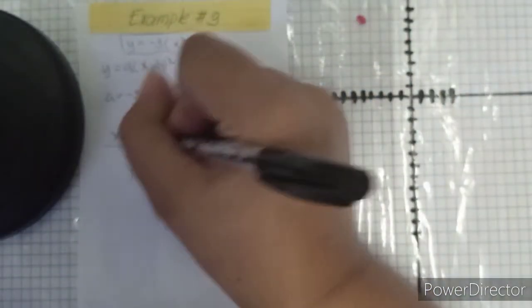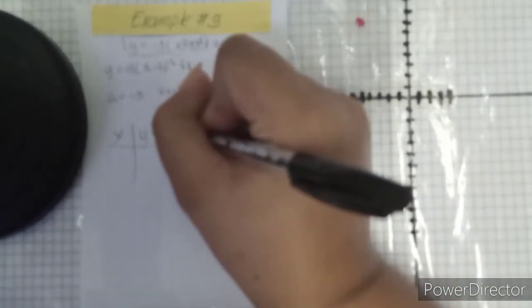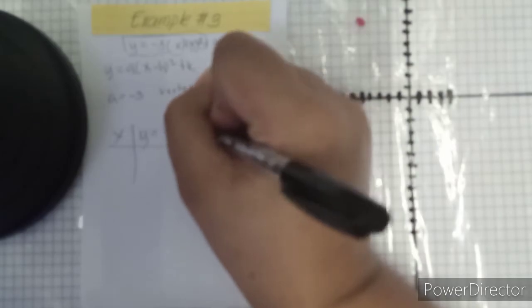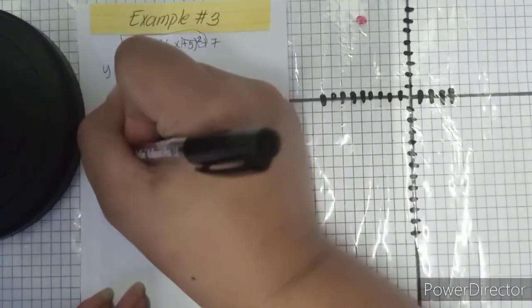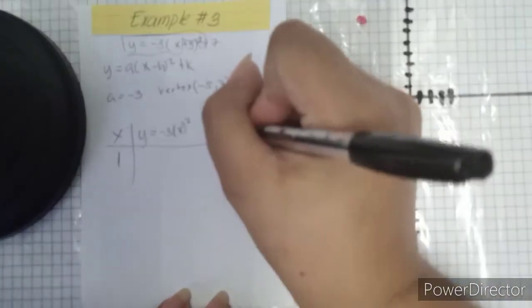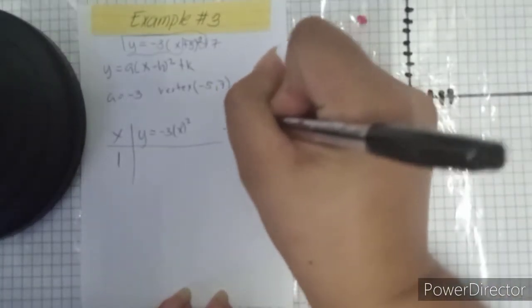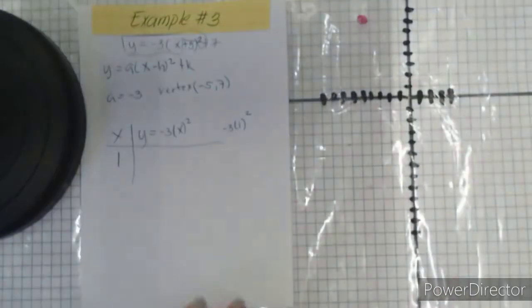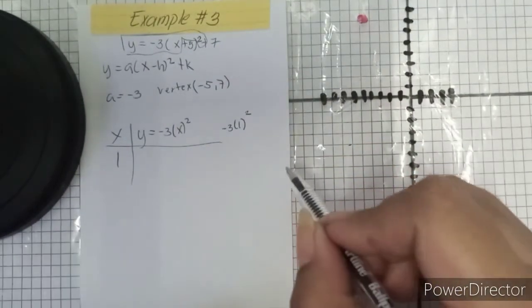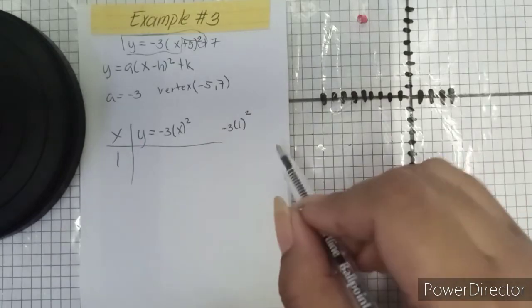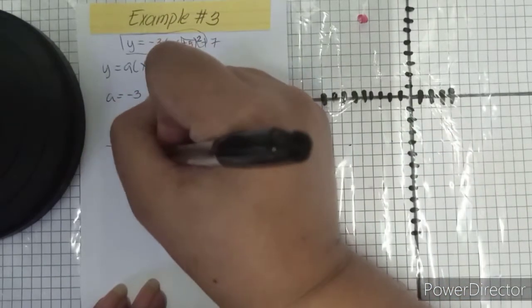Okay, so y is equal to negative 3x squared. So, let's assign a number in x. So, substitute natin. Negative 3, 1 squared. Okay, so negative, 1 times 1 is 1. 1 times negative 3 is negative 3.